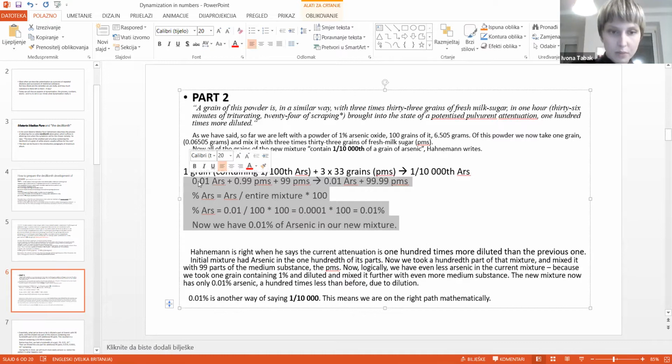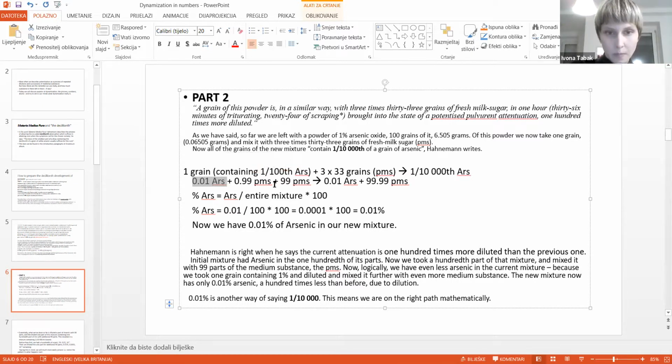So we had 1% arsenic. This is another way to say this: it's 0.01 arsenic. Then we added more powdered milk sugar. And now we have 1 part in 10,000 of a grain of arsenic. I don't know if the mathematics are clear to you.